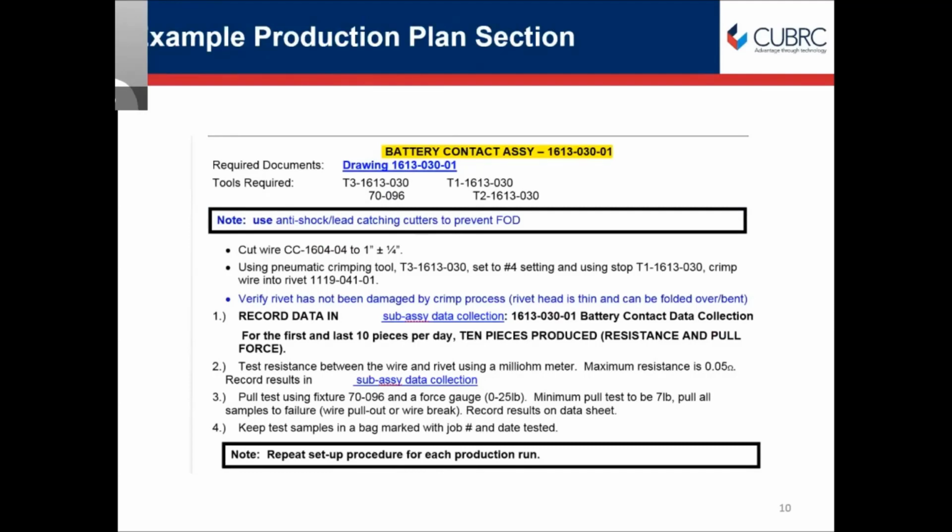All we're doing in this particular task is crimping a wire to a rivet and then testing the resistance of that using a milliohm meter, and we're also going to perform some pull tests on the first and last 10 pieces in a day. So here we want to take something like this and allow that to be entered from legacy data into the ontological format as well.